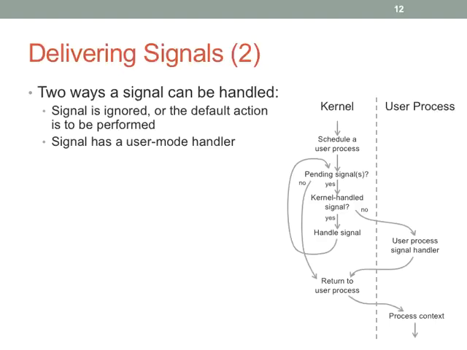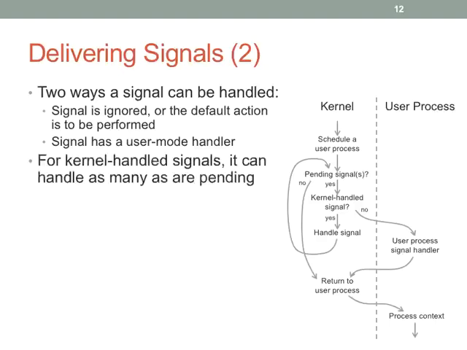Yes. And you'll notice that kernel handled signals and user handled signals are handled a little bit differently. If it's kernel handled, we handle as many as we can. If it's user handled, we only handle one of them. And we do this weird little thing where we step back into the user process, deal with the signal, step back into the kernel, and then step back into the user process. We'll talk about why in a second.